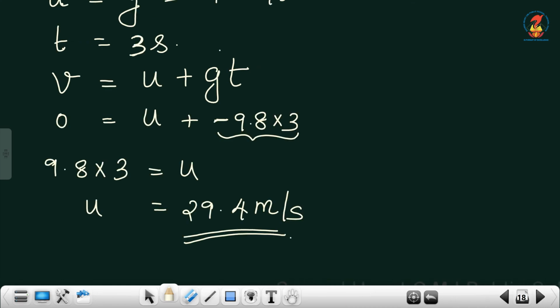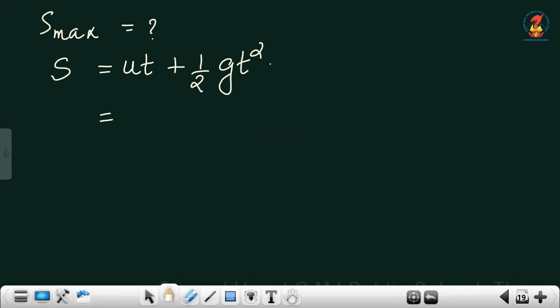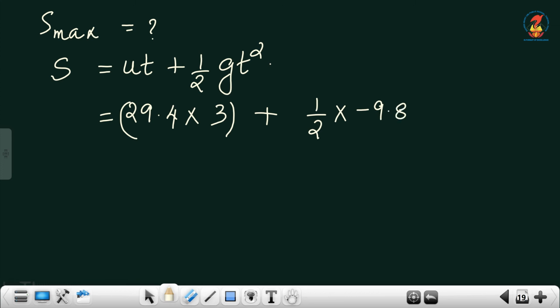We have already found it as 29.4 meter per second. So U is 29.4 into the time taken to reach the height, 3 seconds, plus half into G. The ball is thrown upwards, so G will have a negative value. So G is minus 9.8 into T square, which is 3 square.